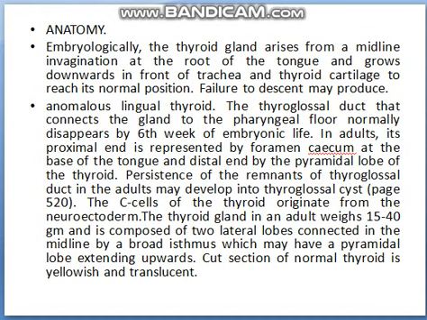Now it comes to the anatomy of the thyroid gland. Embryologically, the thyroglossal duct connects to the pharyngeal floor, which normally appears by the 6th week of embryonic life. So now, how does the thyroid gland start?